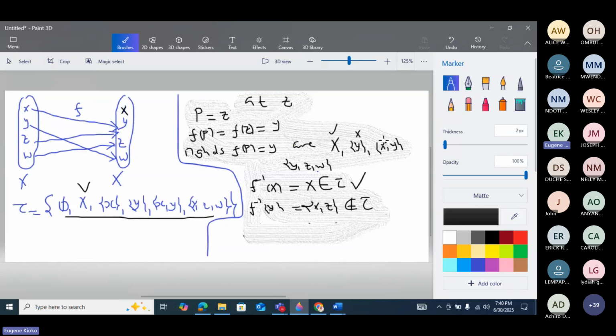Is there need to test for the third one and the fourth? No. They should be there, but this one has failed. Therefore, f is not continuous at point Z, because one of the inverse images of the neighborhoods is not there.